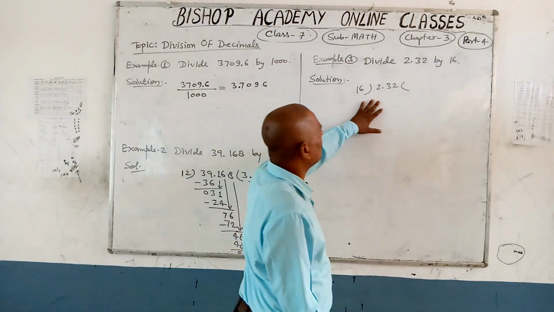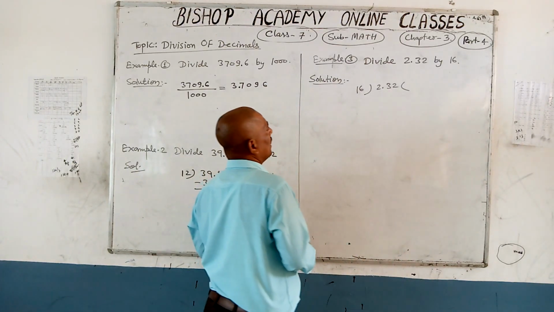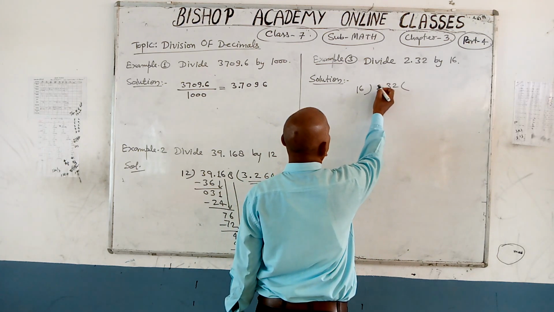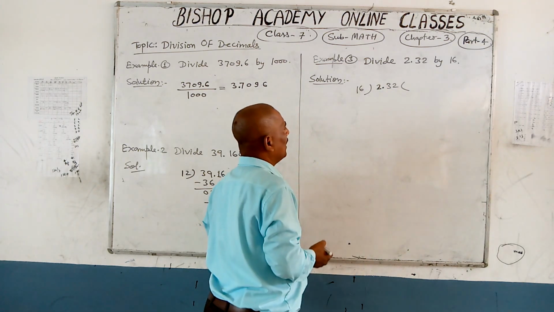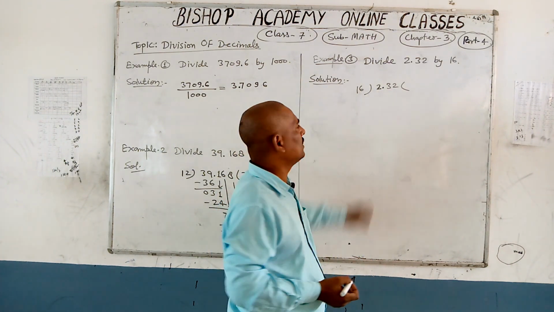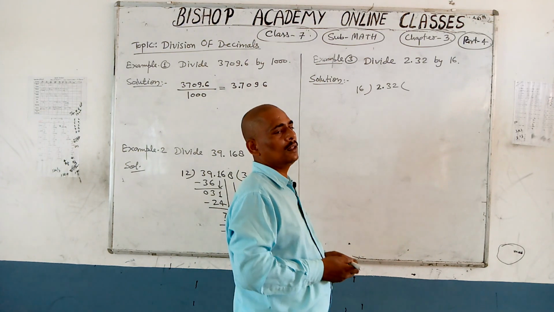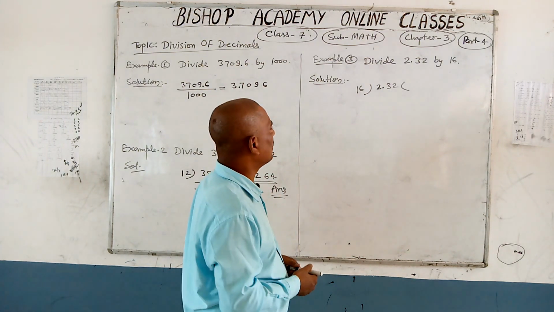In the same way here you can divide because your divisor is a whole number. And in the dividend you have a decimal, and this 2 is the whole number part. You know that a decimal has 2 parts, the whole number part and the decimal part.